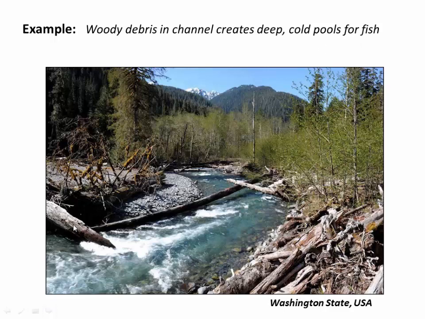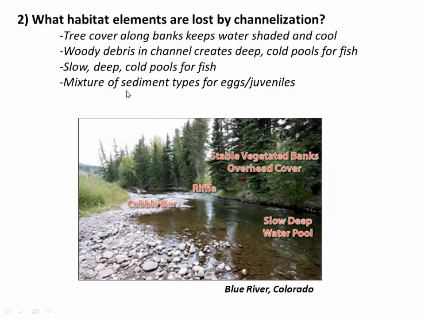So here we see some of these big logs are creating some nice shaded, deep, quiet pools where fish love to hang out and beat the heat. Likewise, in general, natural channels just tend to develop slow, deep pools, even without woody debris. And then we've got a mixture of sediment sizes, where eggs or juvenile aquatic species can hang out and grow.